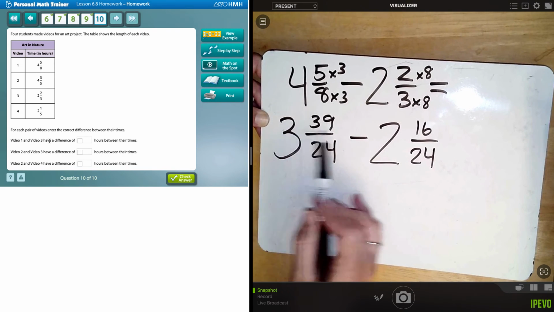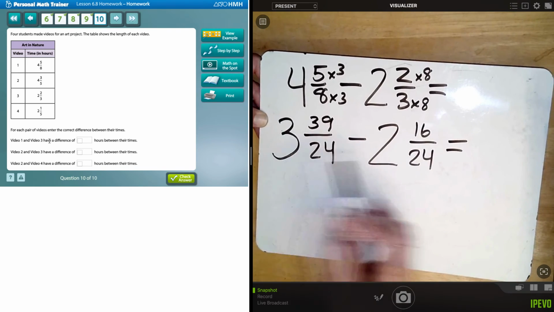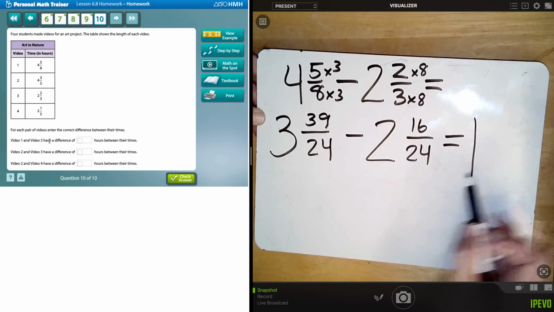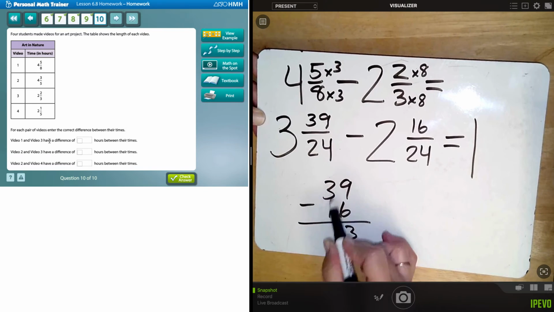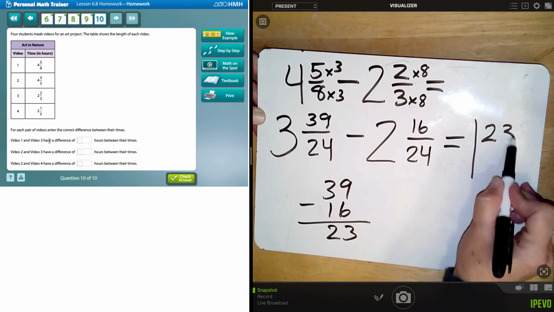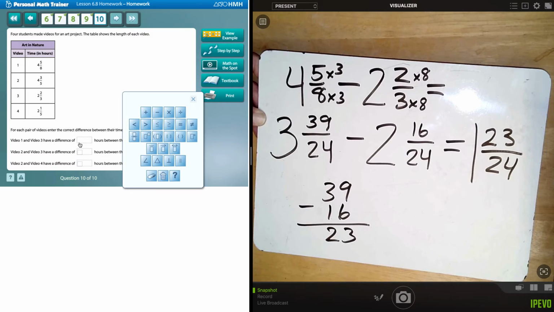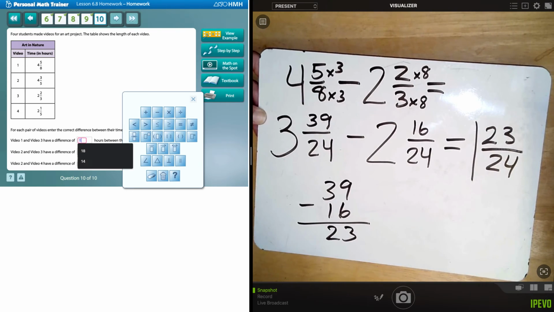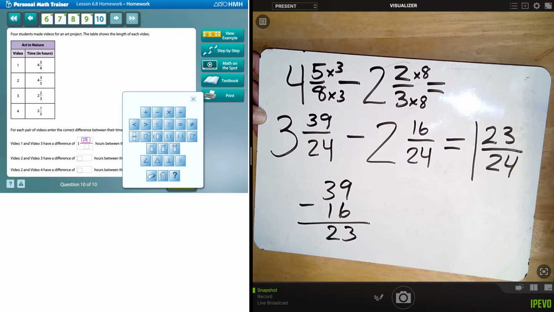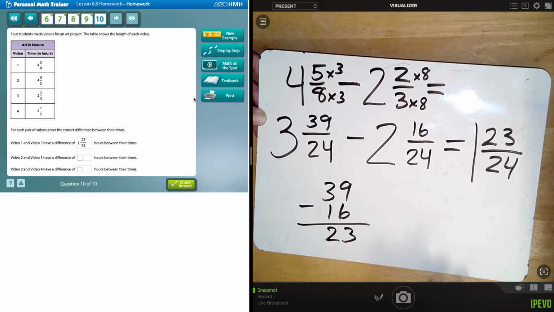So now 3 and 39/24 minus 2 and 16/24 equals 3 minus 2 is 1. 39 minus 16 is 23, and the denominator stays the same. So this difference is 1 and the fraction 23/24. Okay, they snuck in 2 more problems.